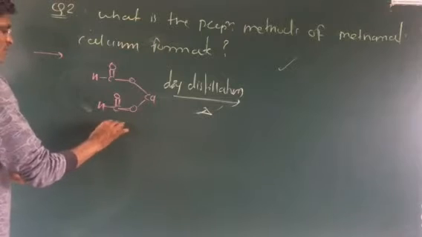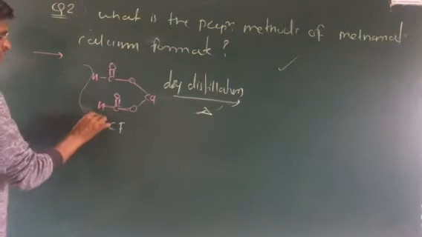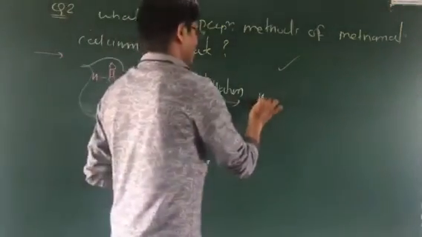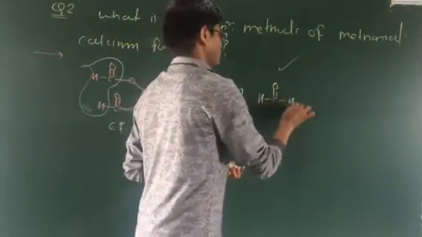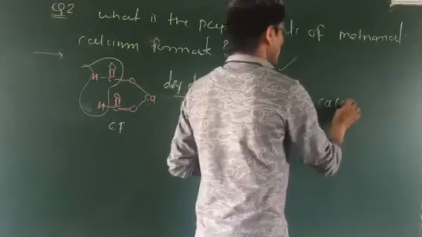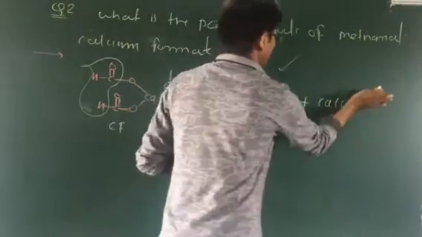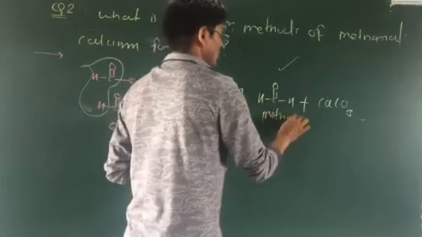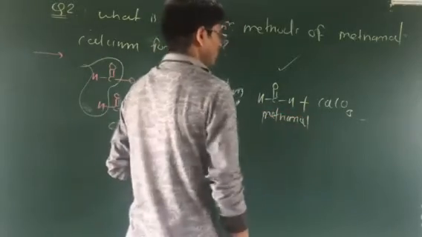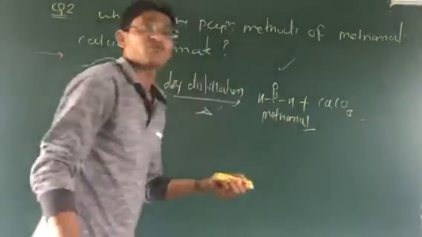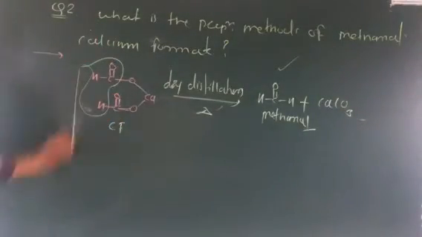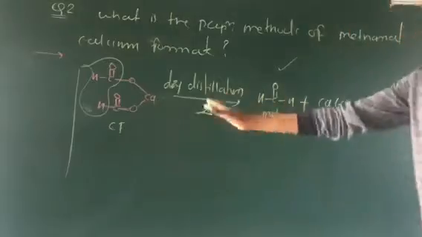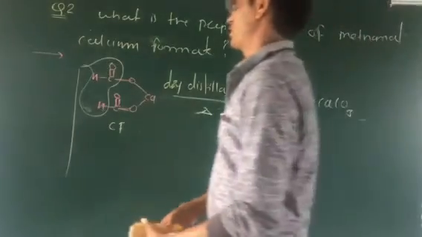This hydrogen atom, the HCO group, H C double bond O H, is lost with calcium carbonate. The side product is CaCO3. This is methanol, whose name is nothing but formaldehyde. So this is the reaction for the preparation of methanol or formaldehyde starting from calcium formate.